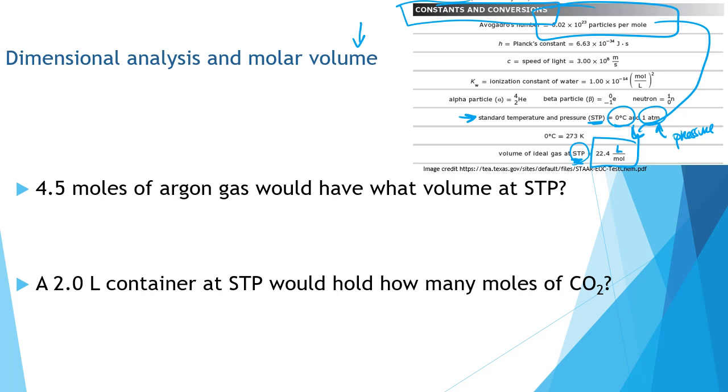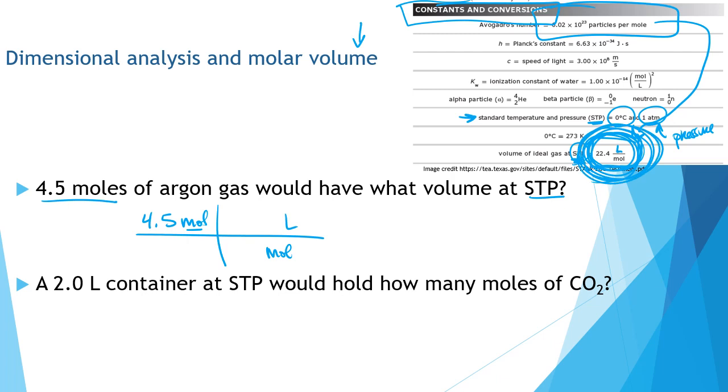All right, so how are we going to use this? If I have 4.5 moles of argon gas at STP, standard temperature and pressure, how can I figure out the volume? Well, I've got 4.5 moles, and we know that there are 22.4 liters in 1 mole. I want to get rid of moles. I'm going to put mole on the bottom, turn my moles into liters. 22.4 liters in 1 mole.